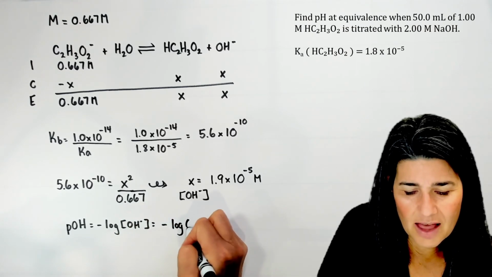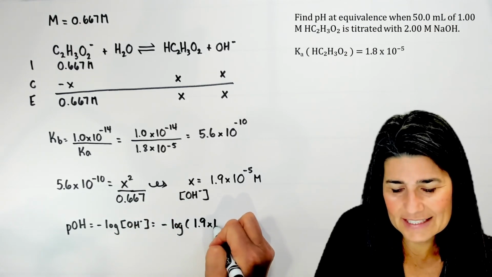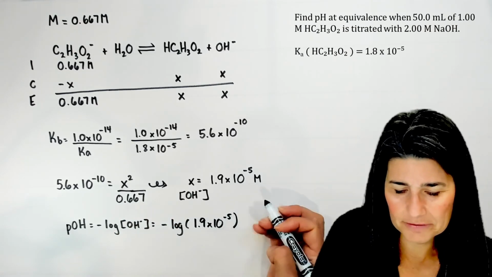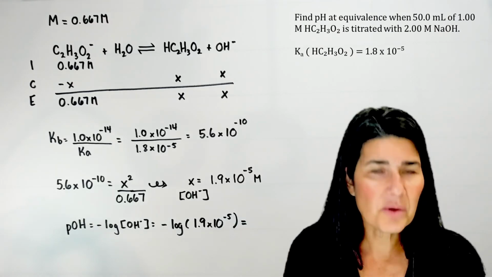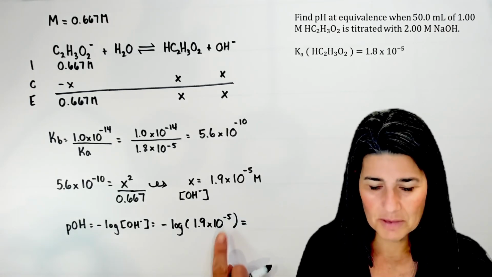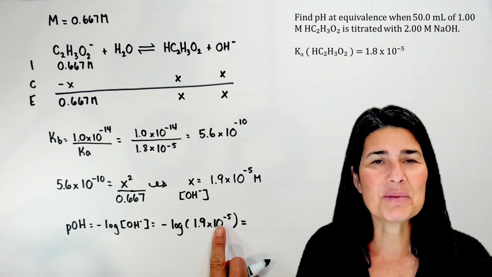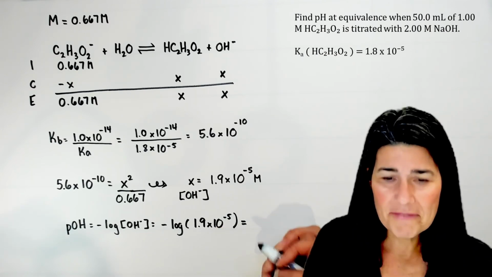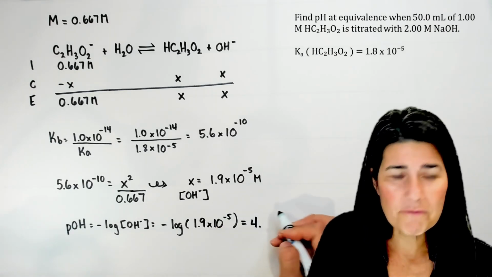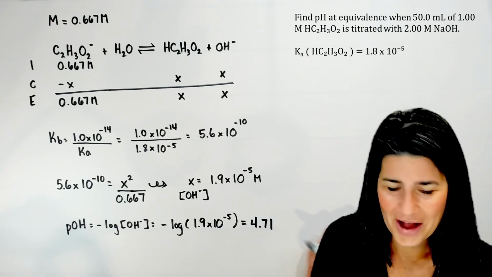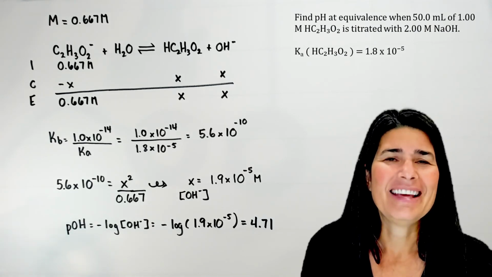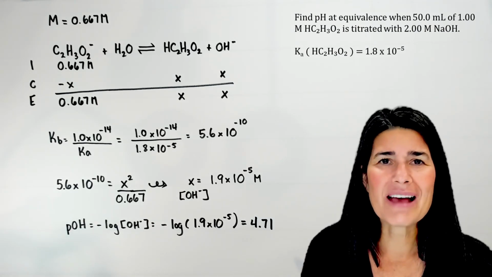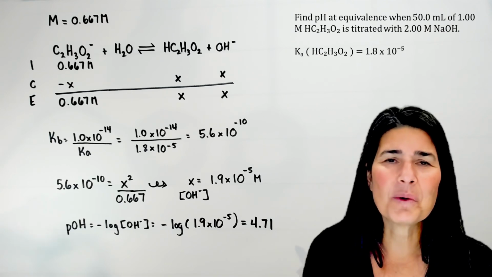Negative log of 1.9 times 10 to the minus 5. If you evaluate that, you know it's going to be very close to 5. It's going to be between 4 and 5. In fact, I get a value of 4.71.